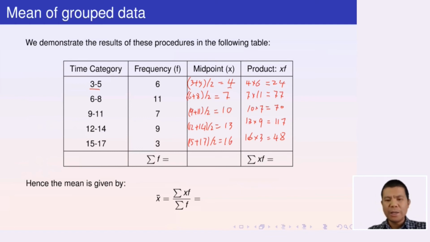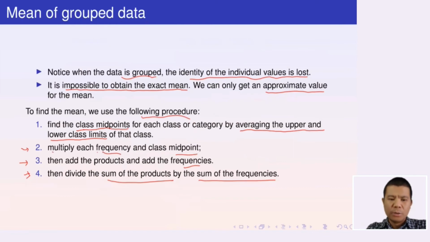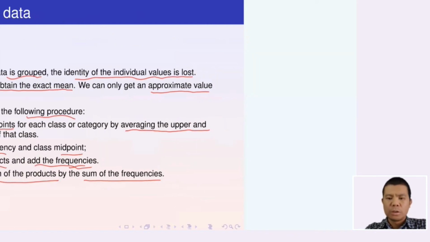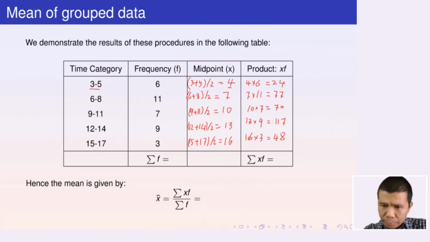And then what is the next step? Add the products and add the frequencies. For the products, add all these products up. So what did we get? Let's use a calculator to find the summation: 24 plus 77 plus 70 plus 117 plus 48.